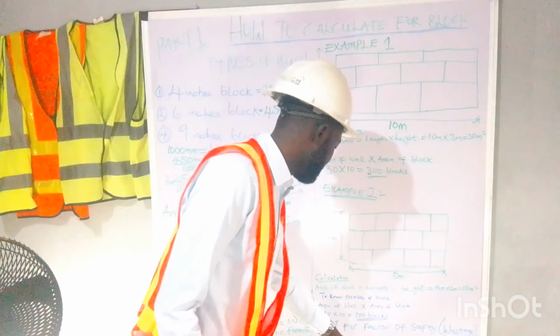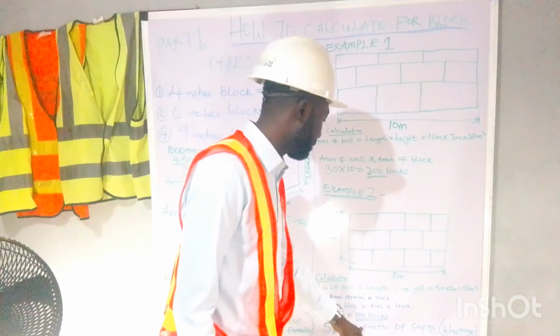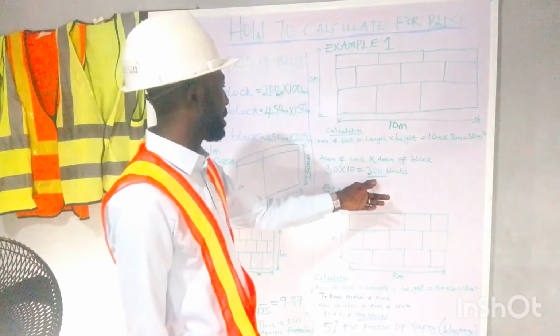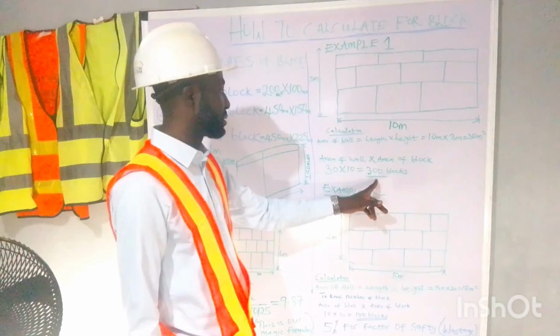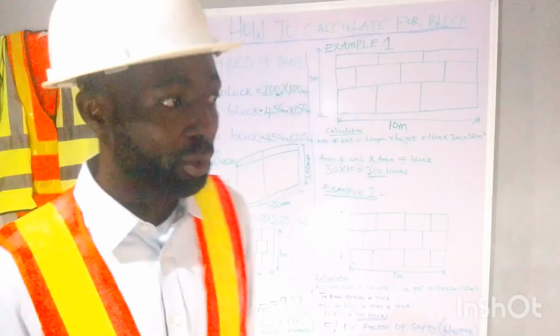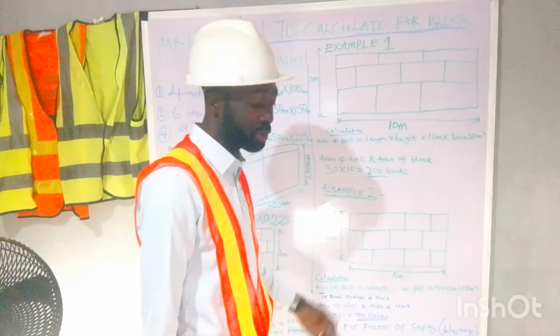If you add 5% to this, it's going to give you 105 blocks. While if you add 5% to the 300, it will give you 315 blocks.